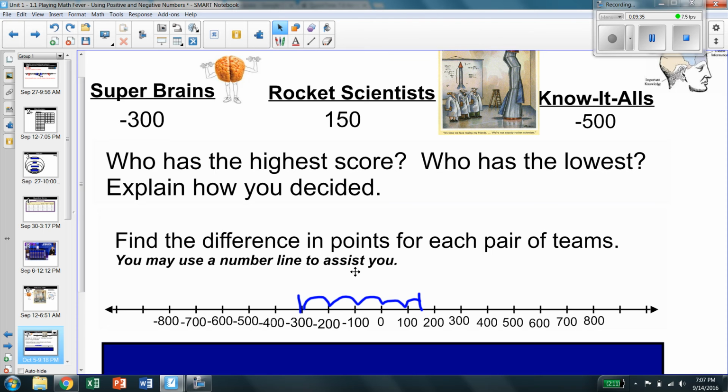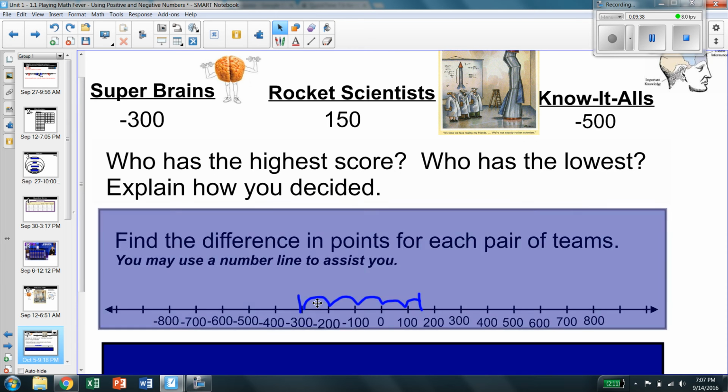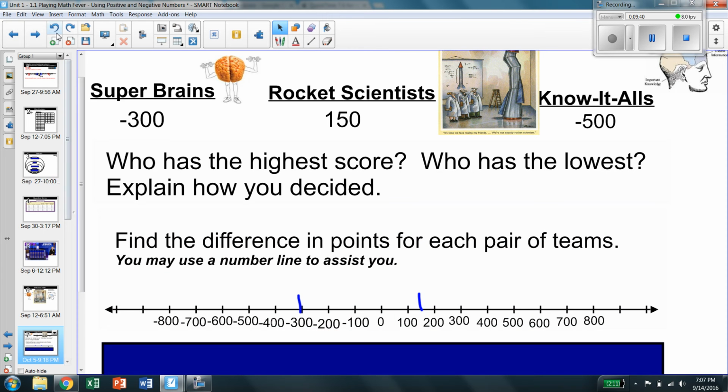Okay, let's check out the Rocket Scientists and the Know-It-Alls. Same idea. We're going to go from negative 500 to 150. So we have 500, then 150, that would make 650.